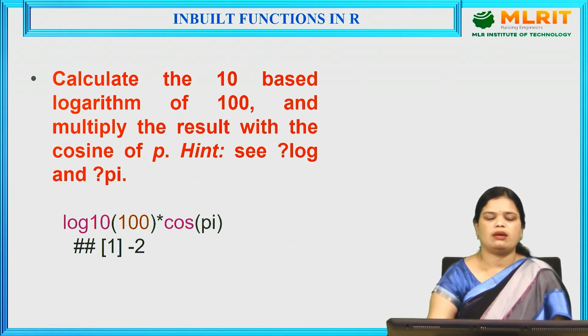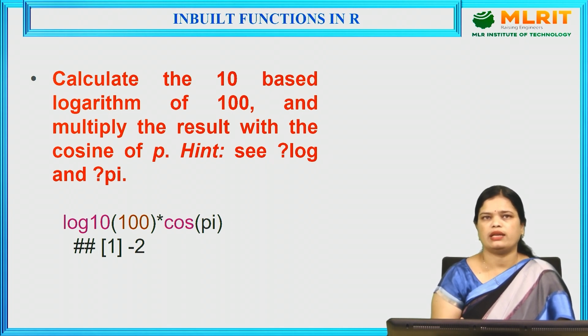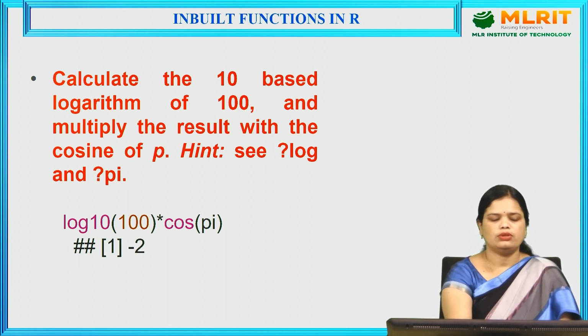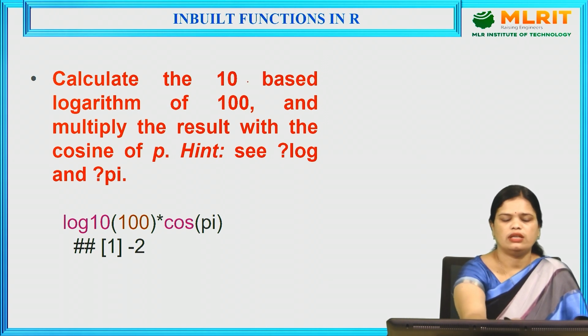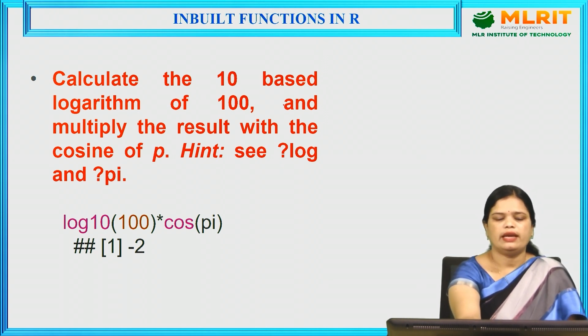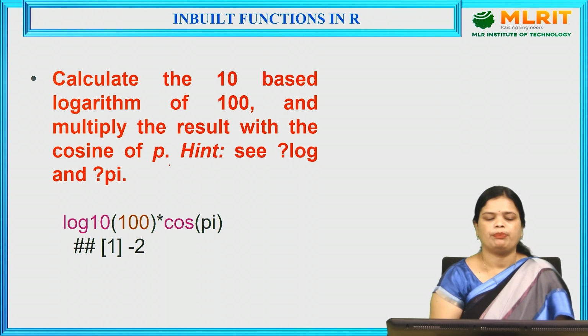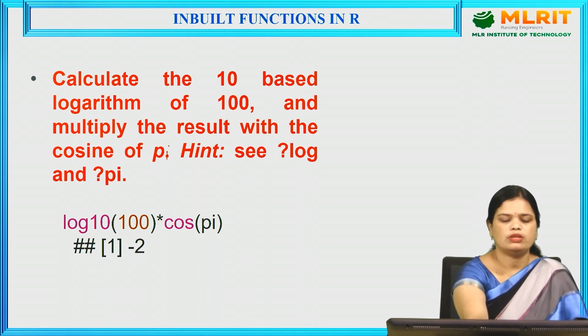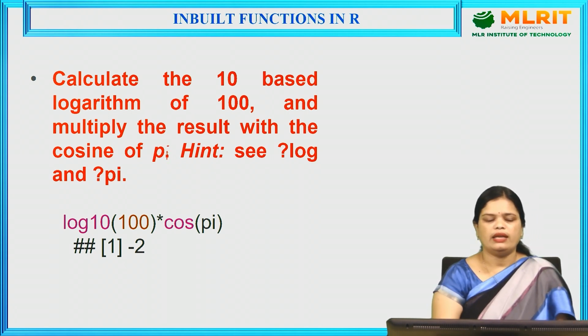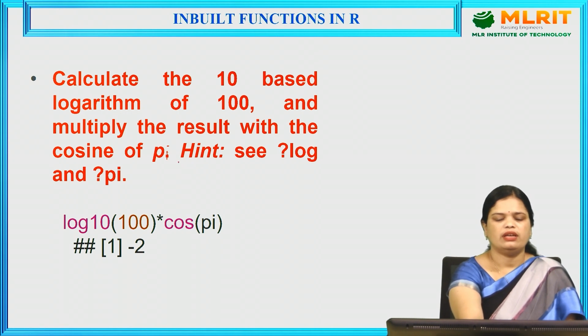This is a simple example of how you can do a simple calculation by using the built-in functions. Here in the question: calculate the base 10 logarithm of 100 and multiply the result with the cosine of pi. They are giving a hint also.